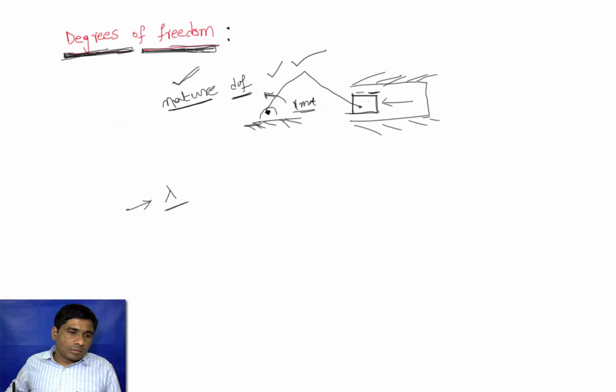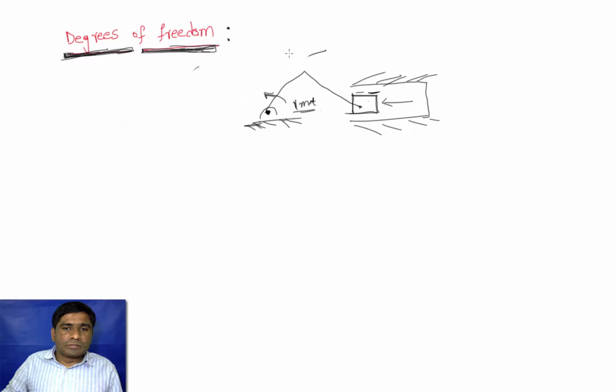So let's find a formula for the degrees of freedom. In this particular example, we need to find the degrees of freedom of this mechanism, but this mechanism again consists of different links.